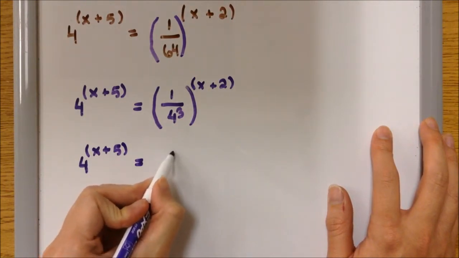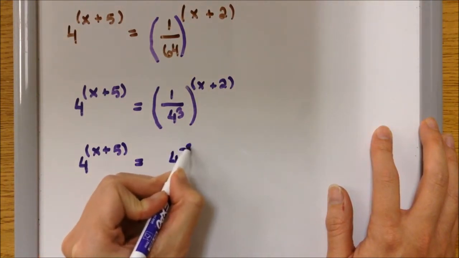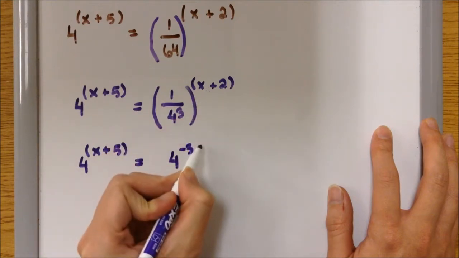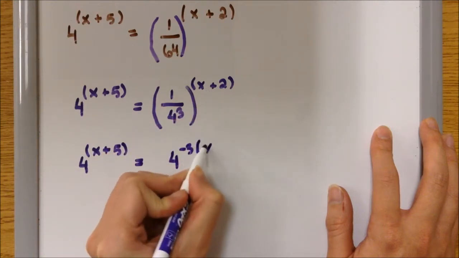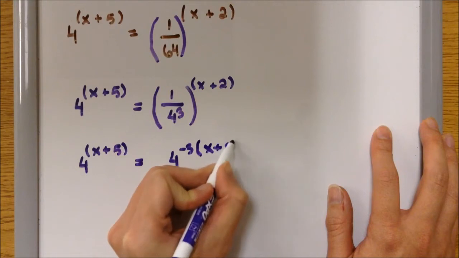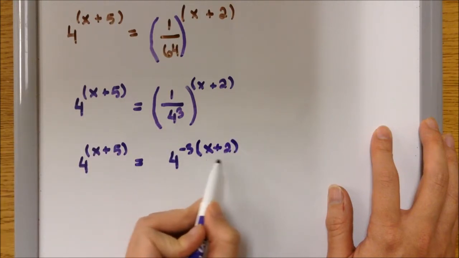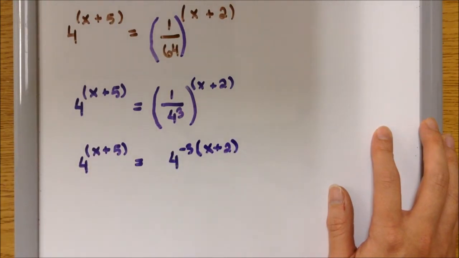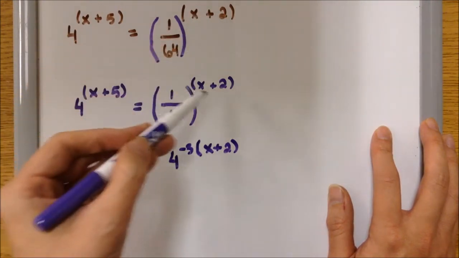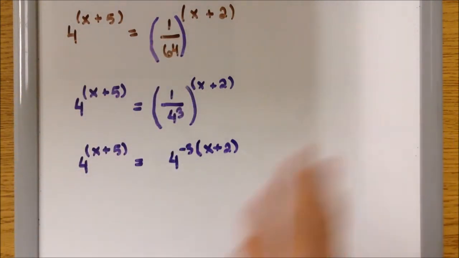So it's going to be 4 to the negative third power. And then I carry the original exponent from the beginning, x plus 2.